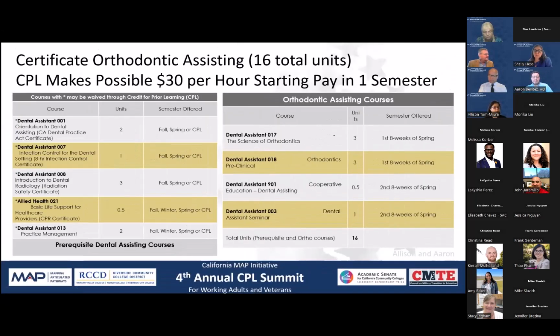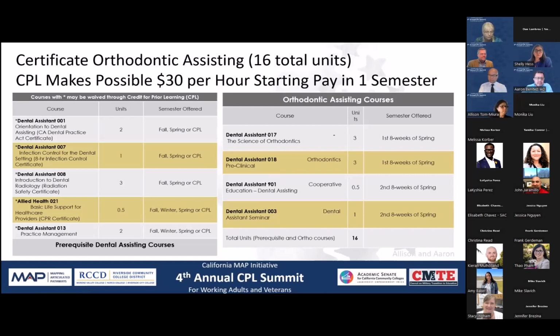This is the sort of flyer, a program description you can get, where on the left is the CPL that you get for dental assisting, and on the right are the courses that you would have to complete. An orthodontic assistant is a step above what a dental assistant is.